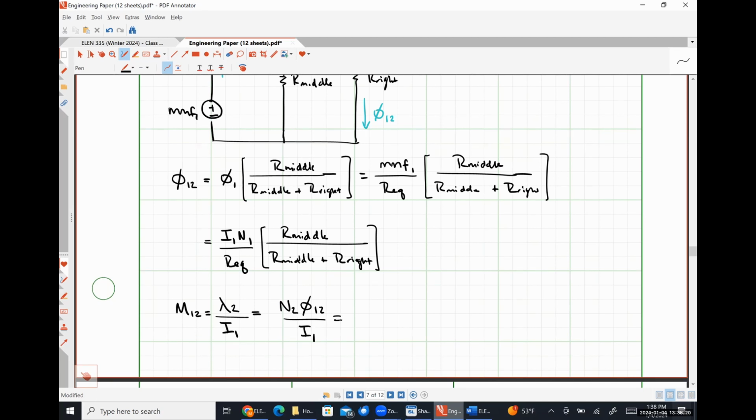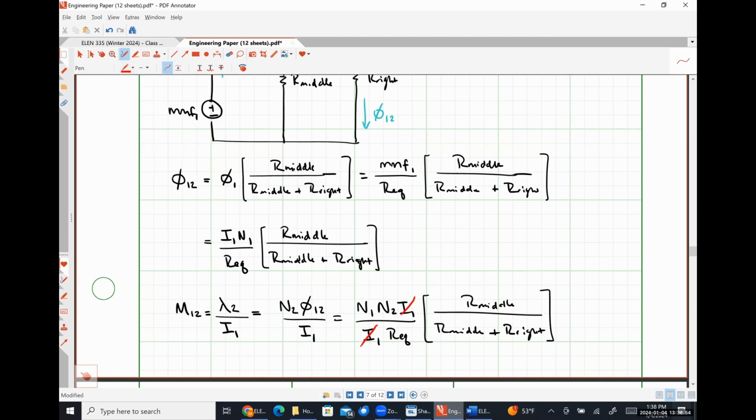So that's going to be N1 times N2 times I1 divided by I1 times the equivalent reluctance, times R middle divided by R middle plus R right. The I1s cancel each other out.